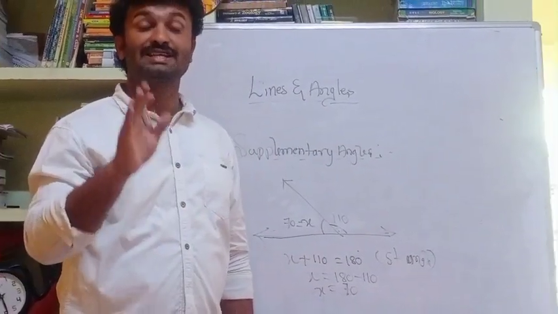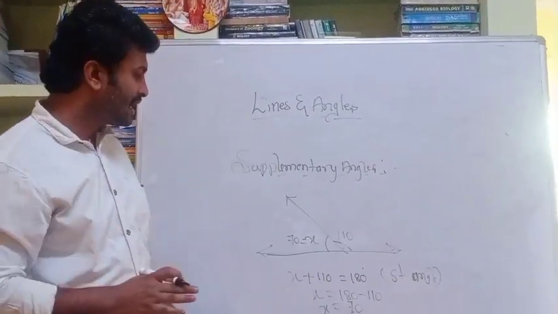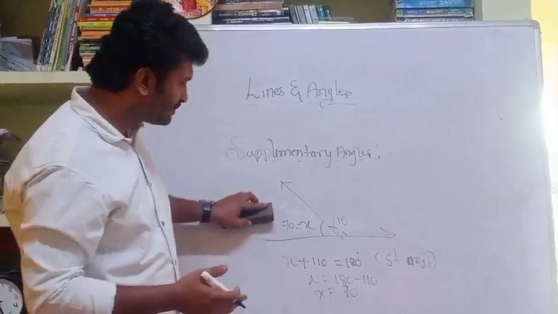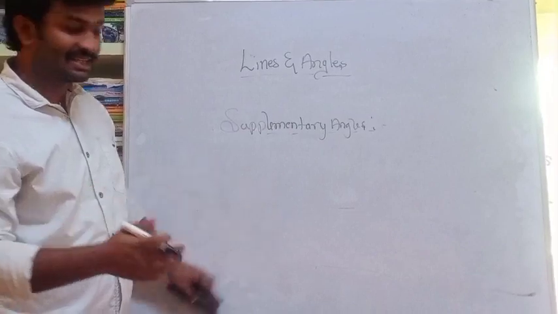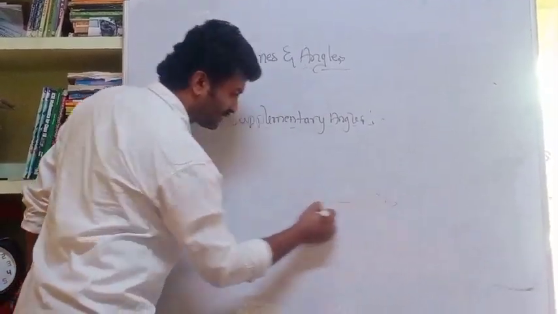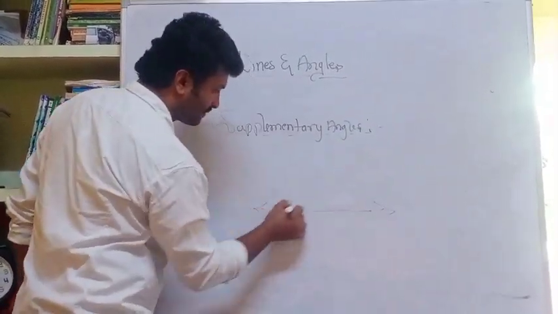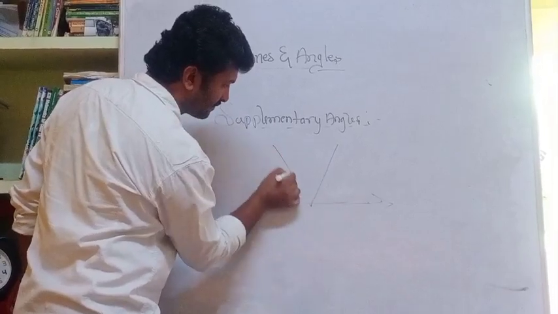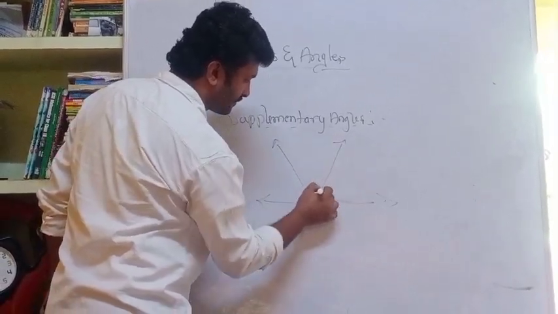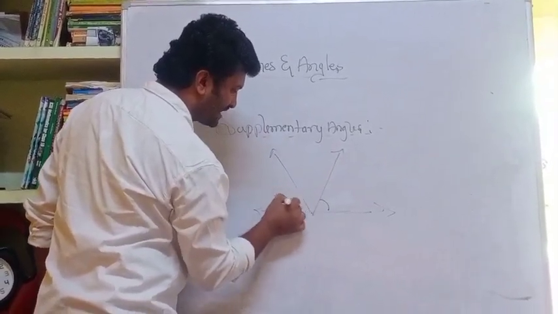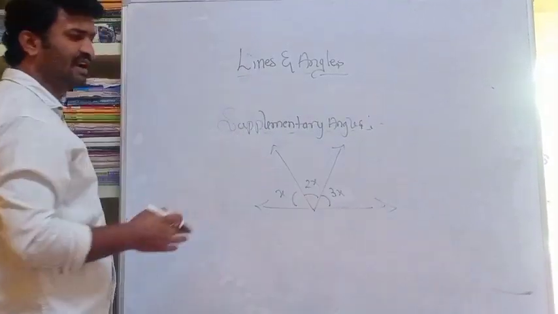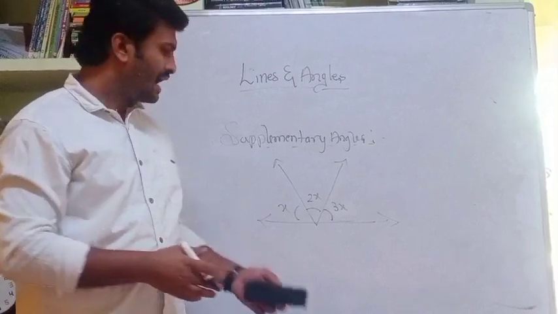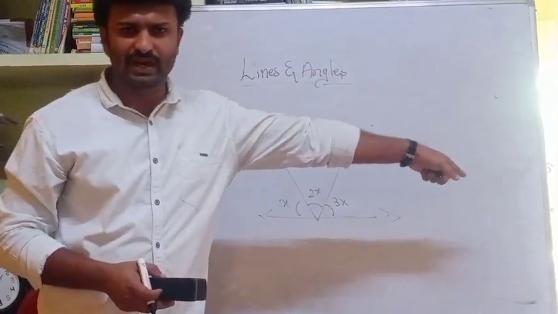This is the way to find the other angle of supplementary angles. Now they may ask in your examination: find the value of x, where the angles are x, 2x, 3x. Add all three angles; their sum equals 180.